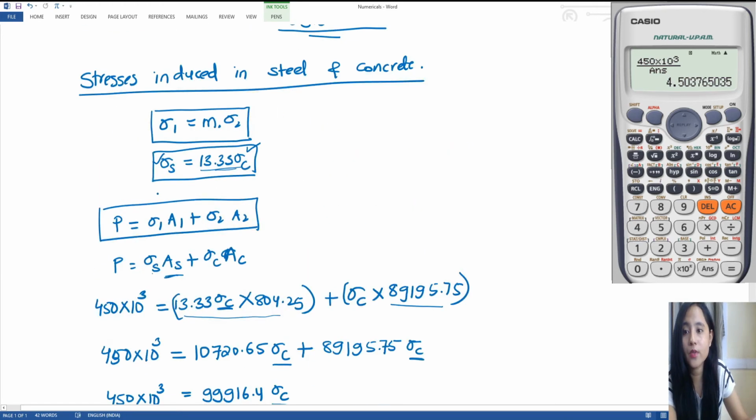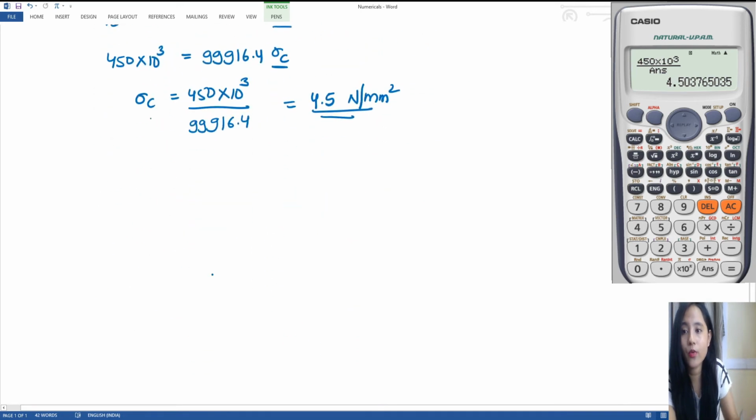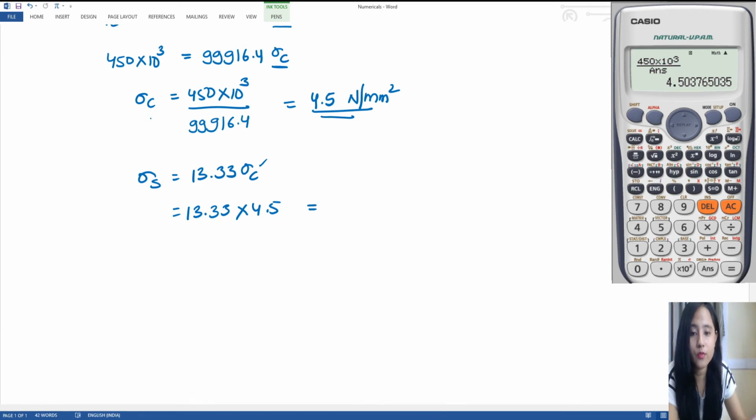Now from this relation, sigma S equals 13.33 sigma C. So we can substitute the value of sigma C here. So it will be coming equal to 13.33 into 4.5.